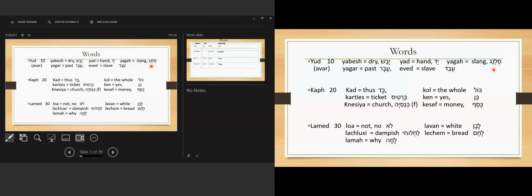Right. Let's go. Let's look at Zayin. Some words under Zayin. Zot. Zot is this, and it's feminine. Now remember, we read from right to left.